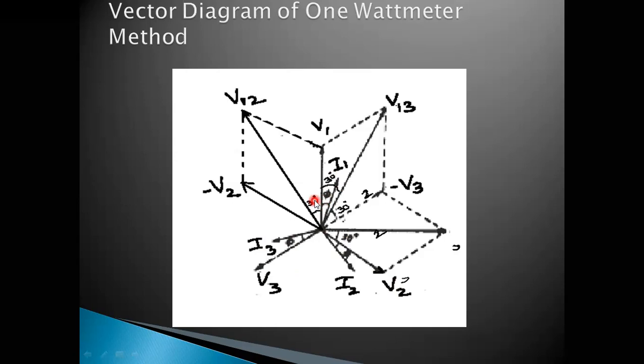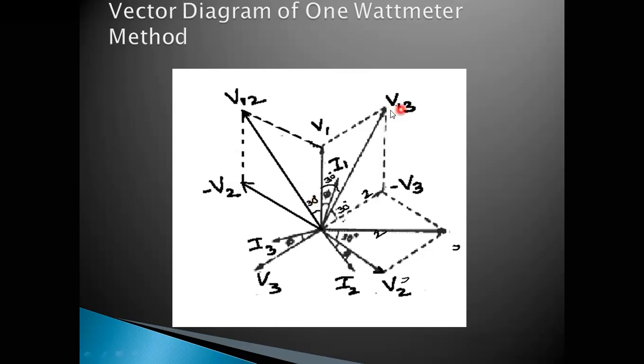Now, as we have seen, when the switch is in position 1, pressure coil voltage is V13, and current through current coil is always I1. So let us see what is the phase angle difference between V13 and I1.